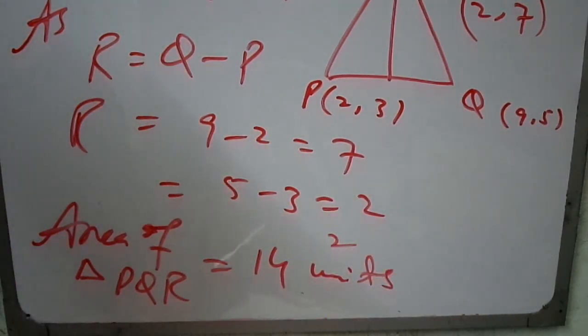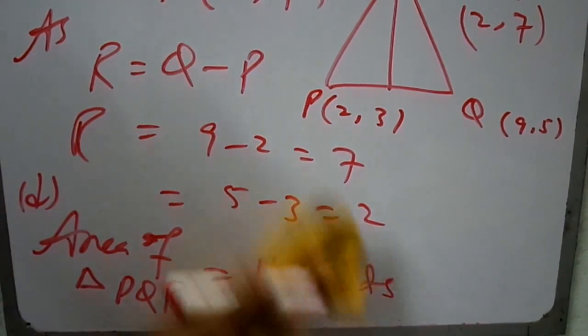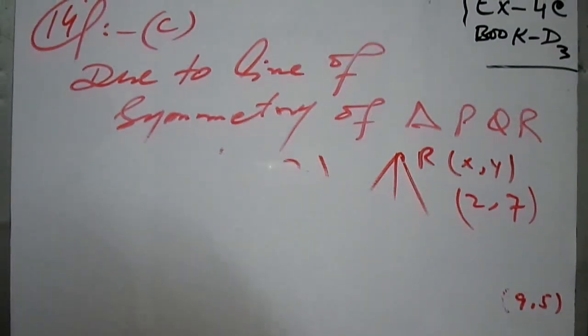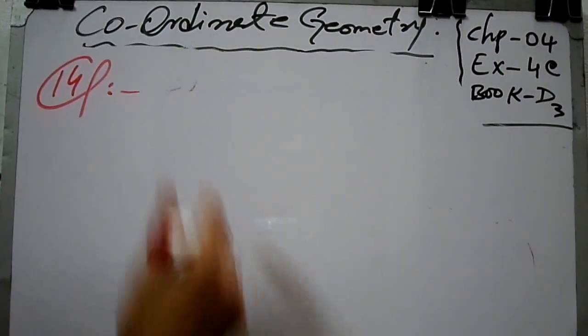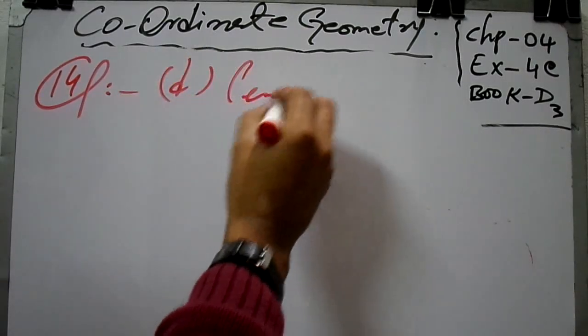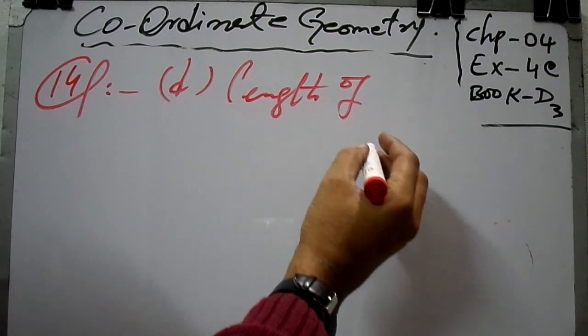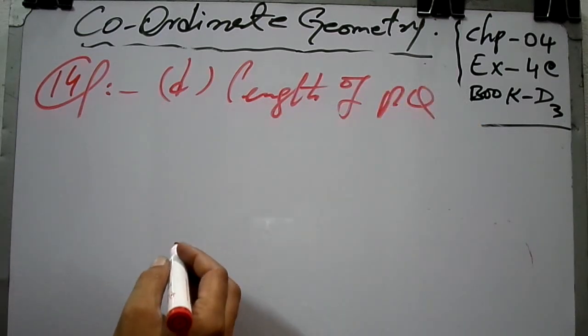And now the other part, that is the E part, in which you have to calculate the length of PQ. It is very easy how to find the length.